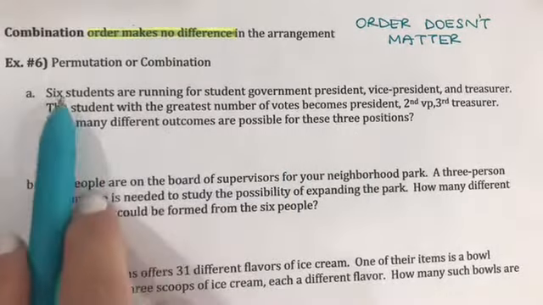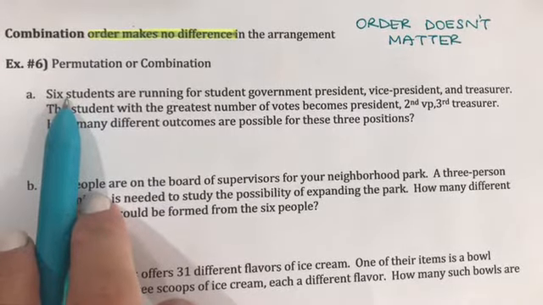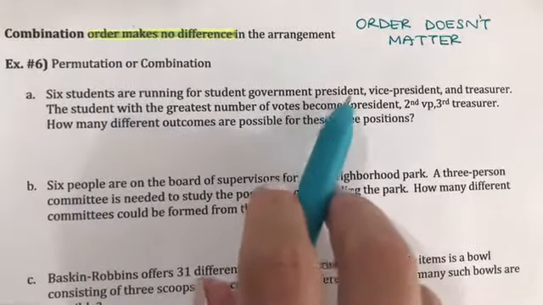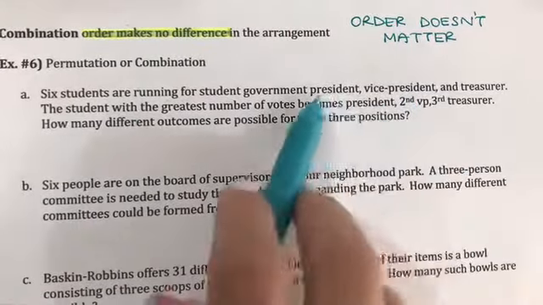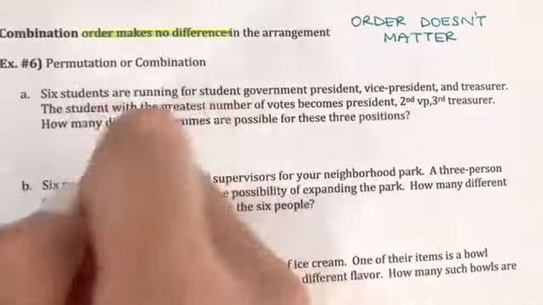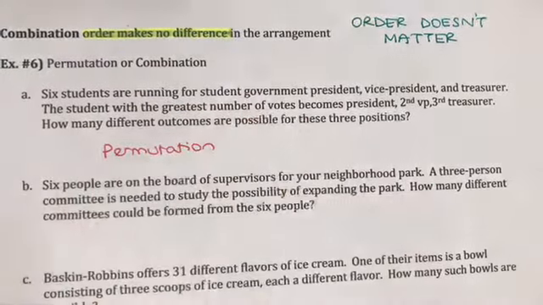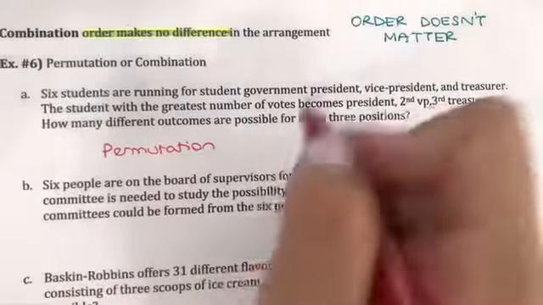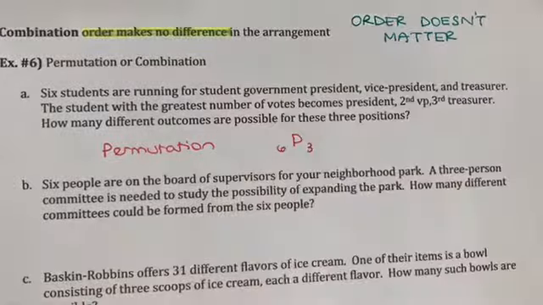If I have 6 students running and I choose 3 different students, if I put 1 in president, 1 in vice president, and the third in treasurer, it's a different outcome if I mix them around, okay? So specific roles, again, it's gonna be a permutation. If we wanted to look at the setup on this, 6 students, permutation, we're choosing 3.